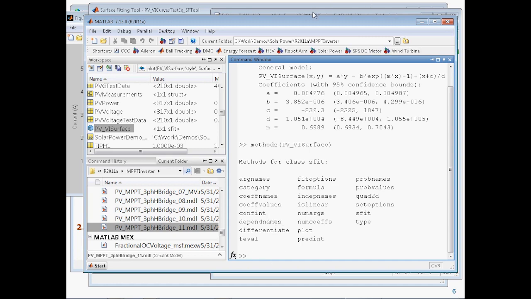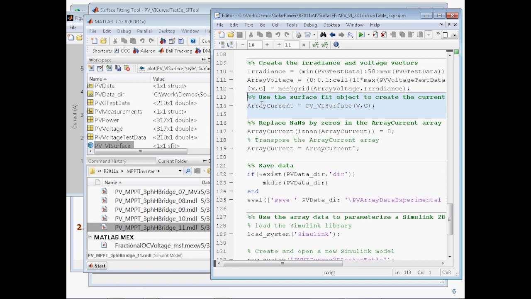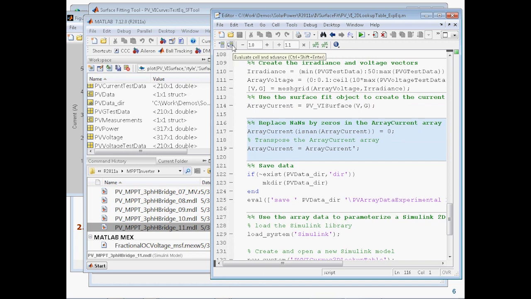But going back to the script, once I have that surface, I can create a grid of irradiances and voltages, which is what I'm doing here. And then using that VI surface, I am calculating the actual current. This is being interpolated and estimated. So I have created a vector called array current.